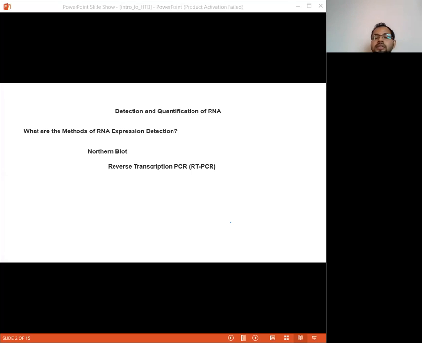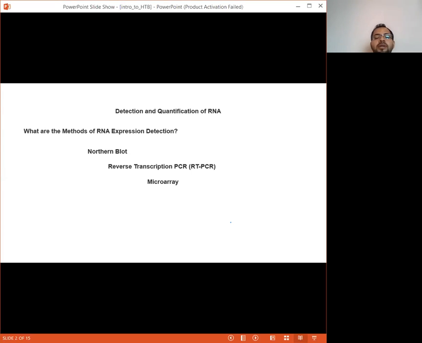Now the question is, Northern blot, RT-PCR or UV-visible spectrophotometry you can use for detection and quantification of RNA. So why are high-throughput technologies like microarray or RNA-seq evolved?